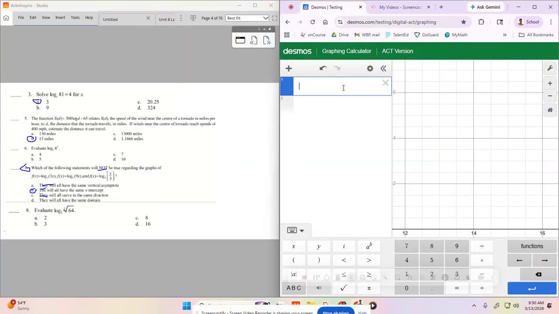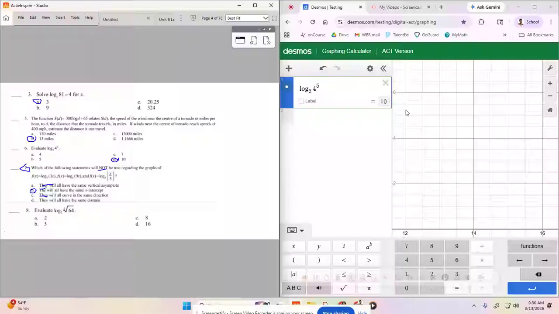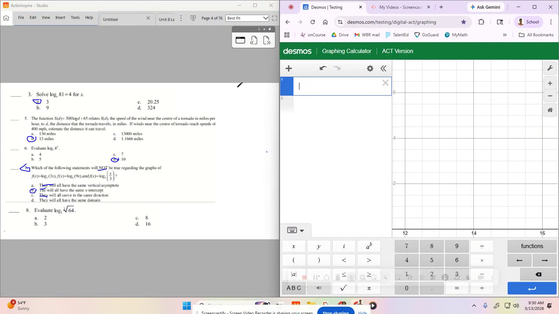Next one, number 6, log subscript 2 of 4, raise that to the 5th, equals 10, done. Evaluate log subscript 2, and now I want to do the cube root.